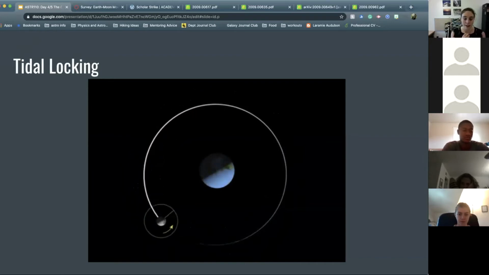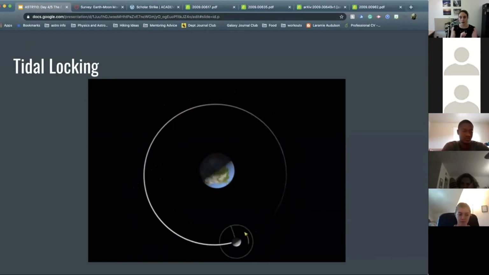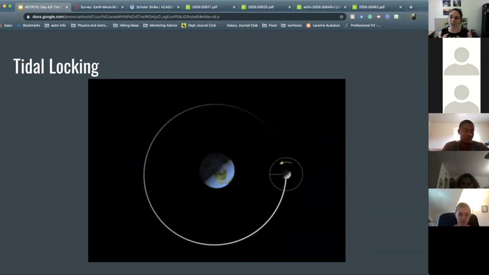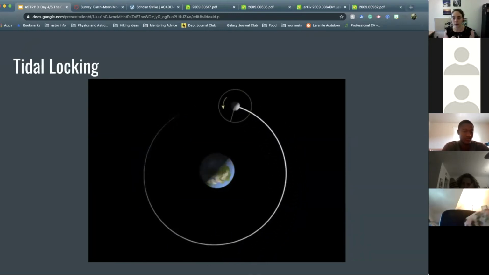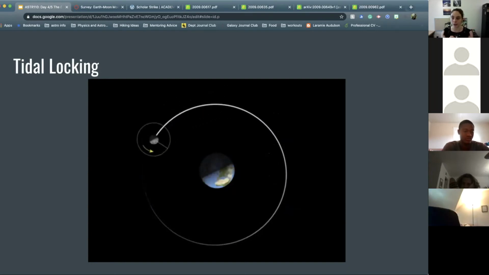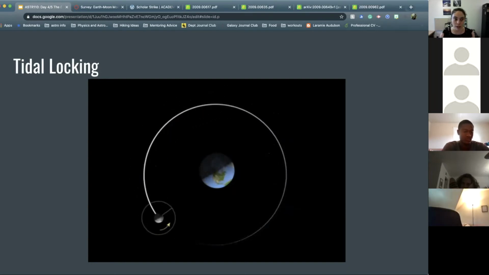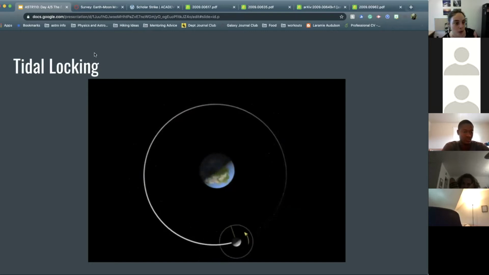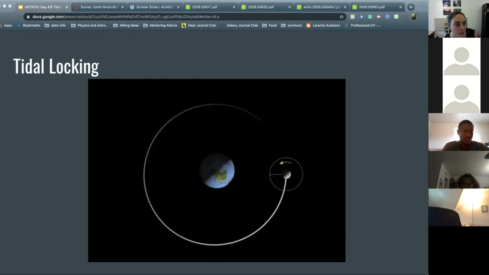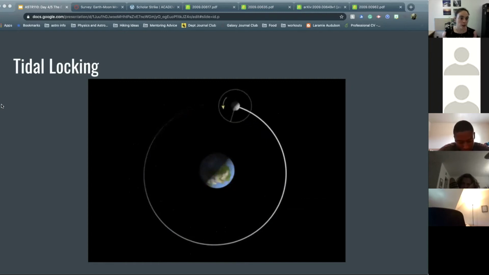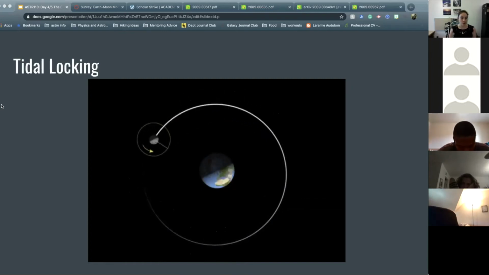The same thing is actually happening on Earth. The differentiated pull from the tides is very slowly slowing the rotation of the Earth. So days are getting very slightly longer because of the moon, at a rate of about 1.5 milliseconds per century.